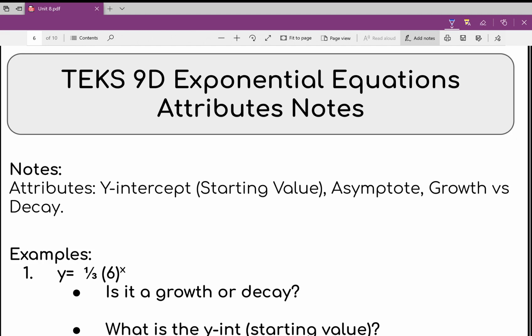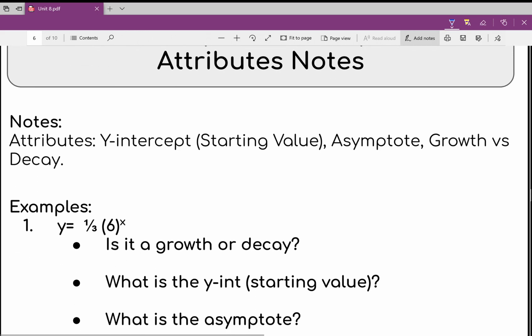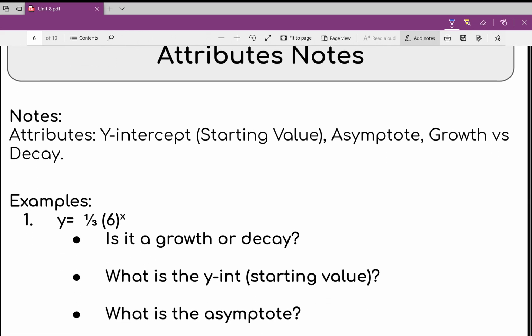Okay, so let's begin. For the note sections, just like on graphs, we have three things: the y-intercept, or the starting value; the asymptote; and growth versus decay.